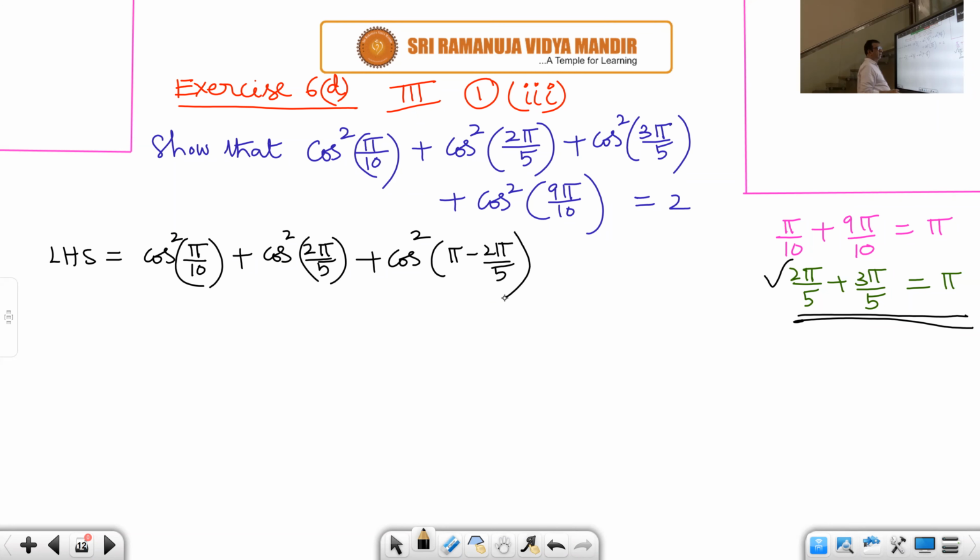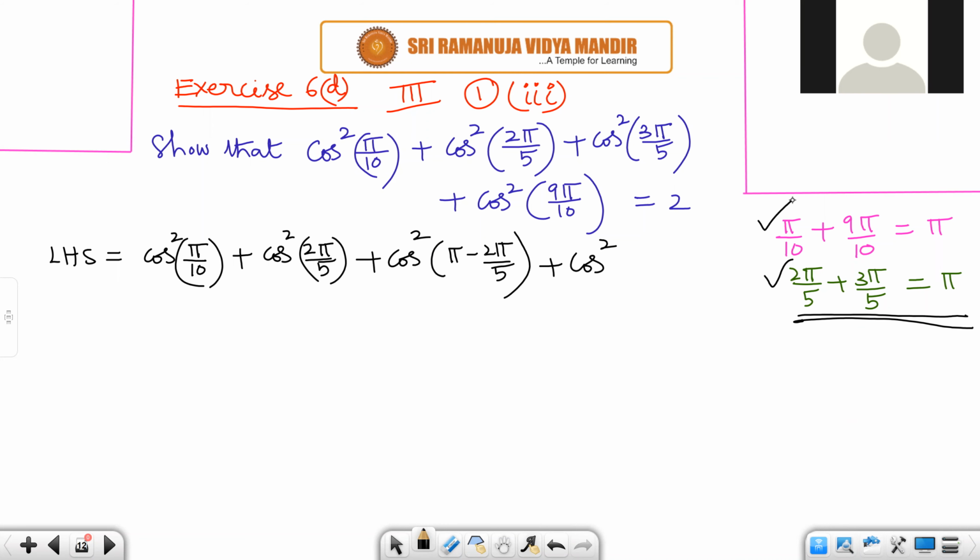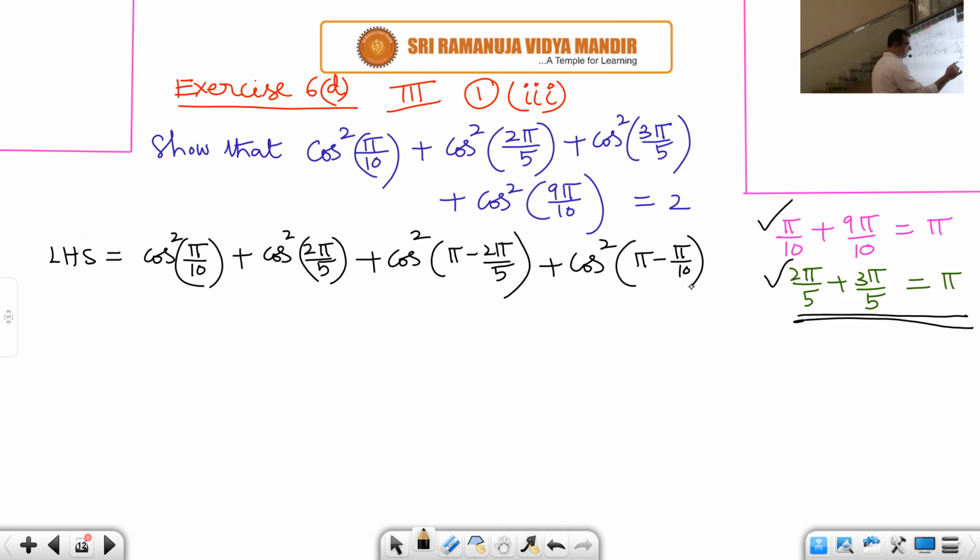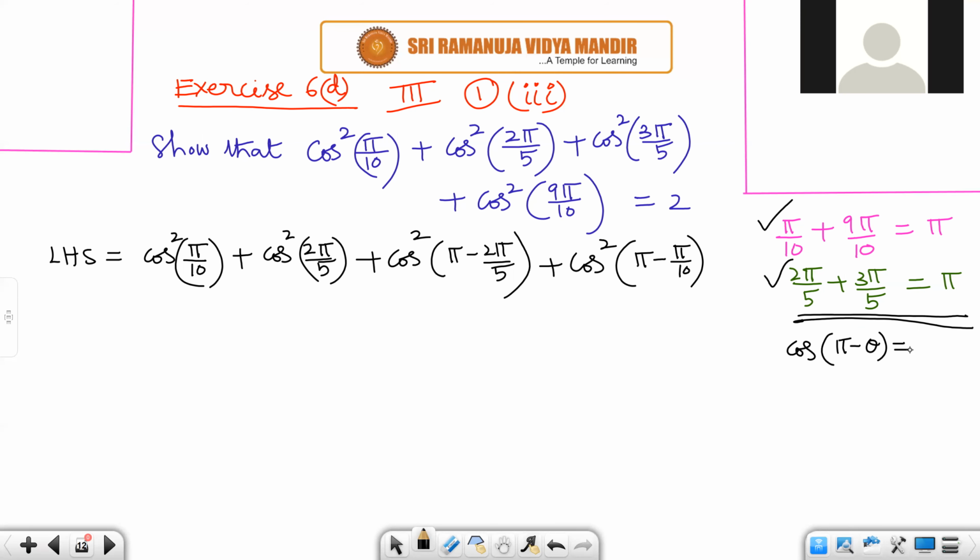And cos square 9 pi by 10 can be written as pi minus pi by 10. Now, what is the formula for cos pi minus theta? Cos theta, sir. Wrong. Minus cos theta, right.